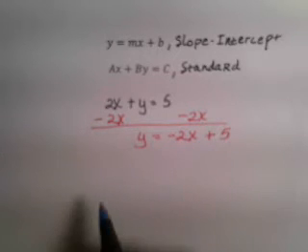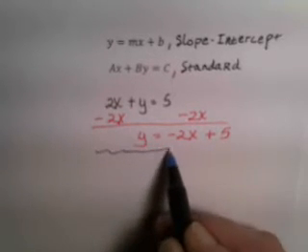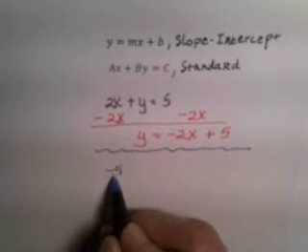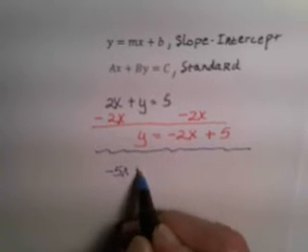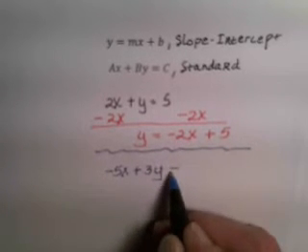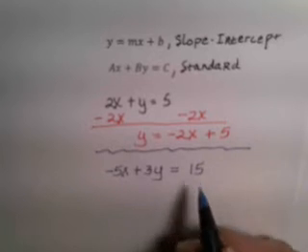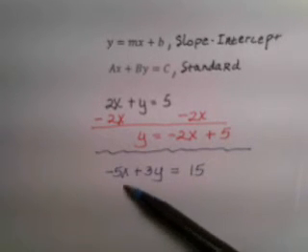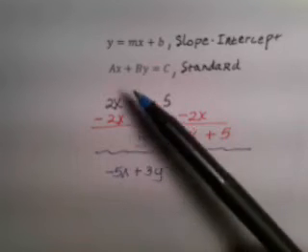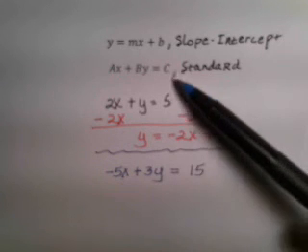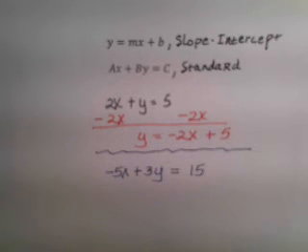Now let's look at this next equation. We've got negative 5x plus 3y is equal to 15. Again, you notice this is in standard form. Negative 5 is the A, 3 is the B, and C is 15.